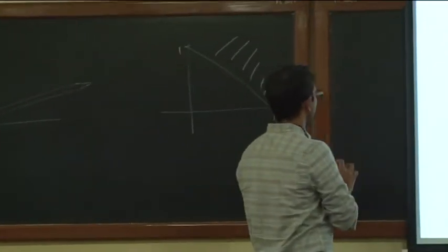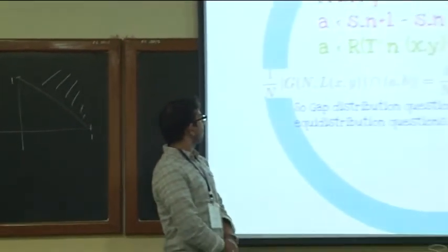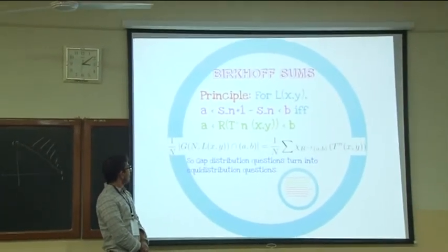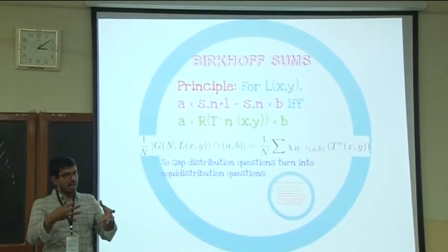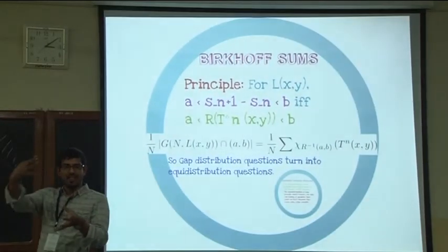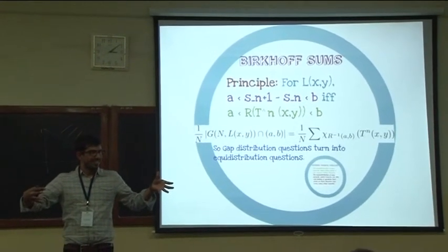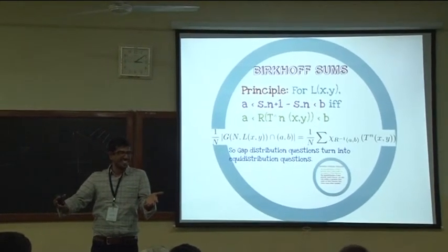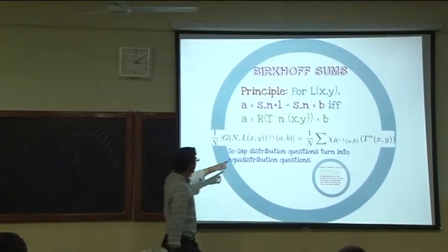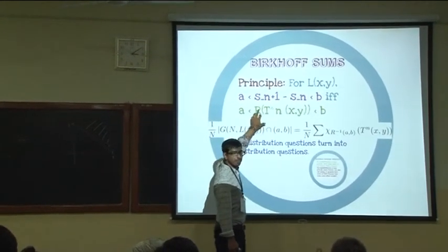If you look at the lattice L of x, y, the nth gap is in between A and B if and only if the return time function evaluated at the nth iterate of the return map is in between A and B. The if and only if is because those two quantities in the middle are equal. I could have stated it much more simply. The return time of T to the n of x, y is precisely this gap.